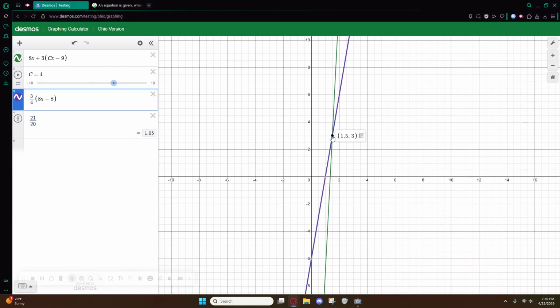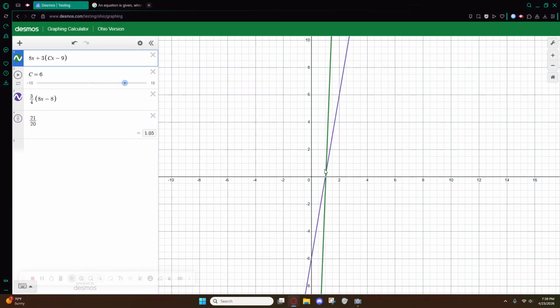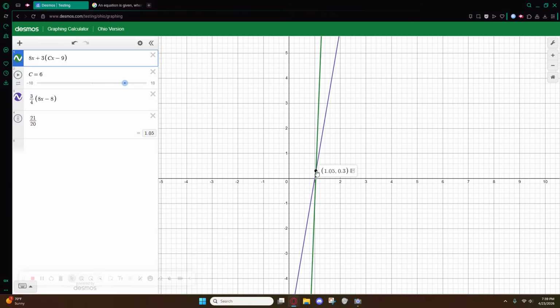C equals 4. 1.5. Closer. And you can see that as we raise the c, we're getting closer and closer to 1.05 until we get to c equals 6, at which point they do cross at 1.05. So your c would equal 6.